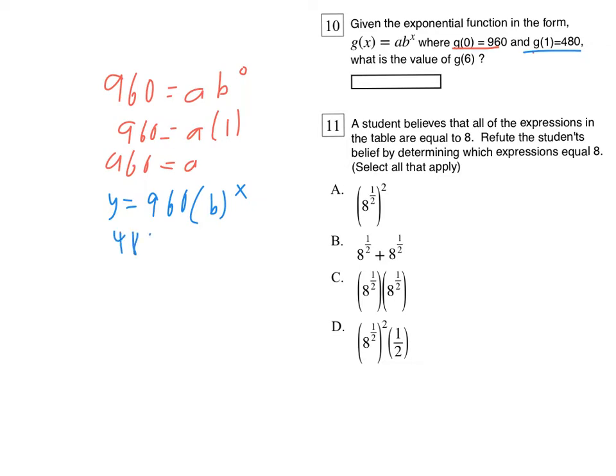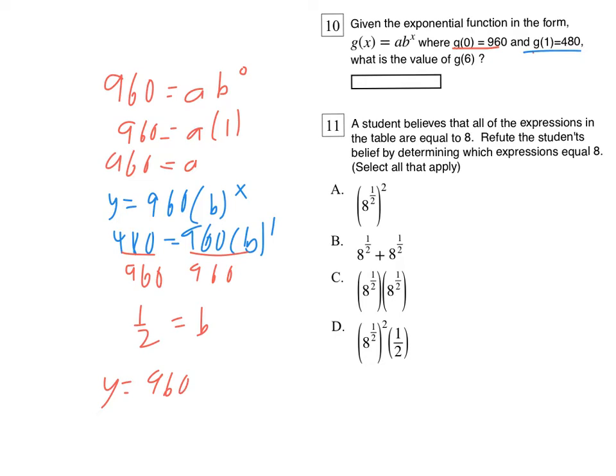So 480 equals 960 times b to the power of 1. If I divide both of these by 960, I see that b equals 1/2. So we get y equals 960 times 1/2 to the power of x.